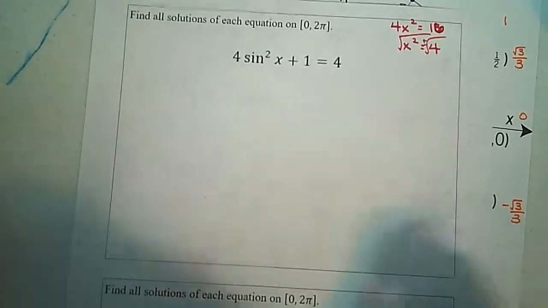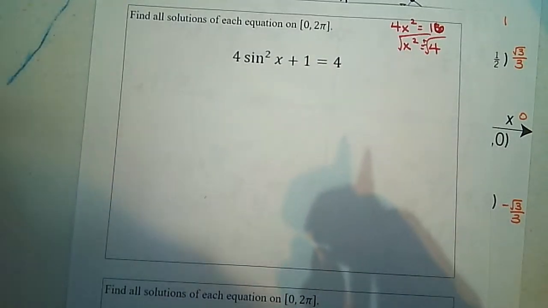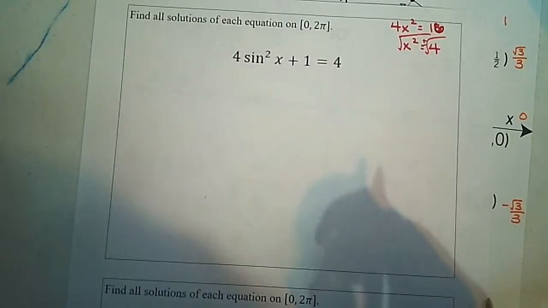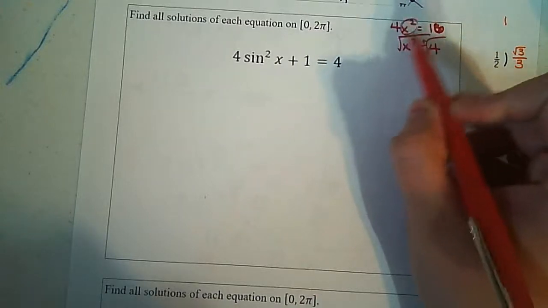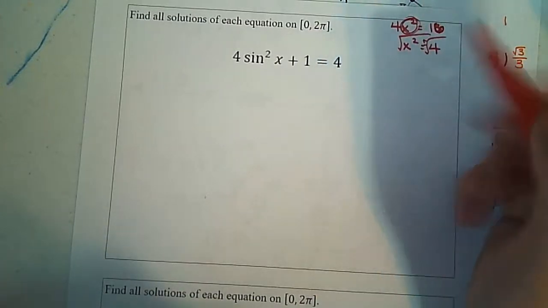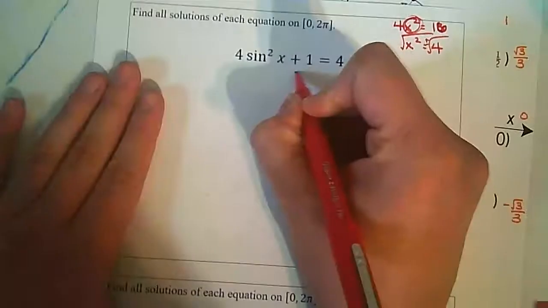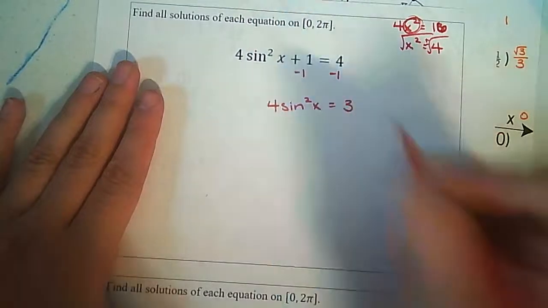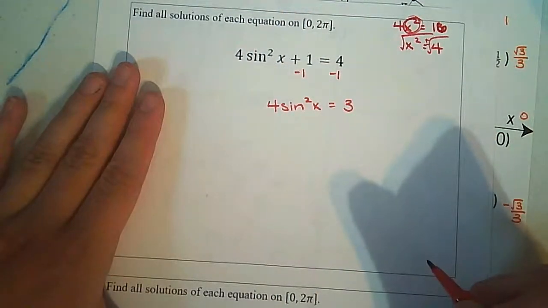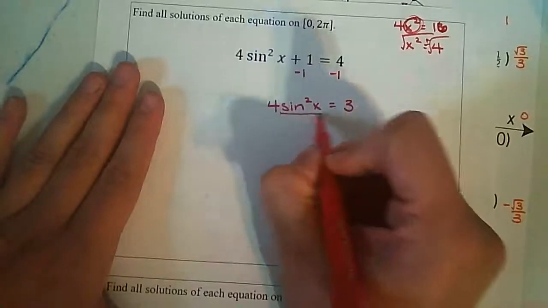So this time our equation is 4 sine squared plus 1 equals 4. So kind of like over here, remember we always want to isolate what's being squared first. So in this case, I'm going to go ahead and subtract 1 from both sides first. And then again, I need to isolate what's being squared.